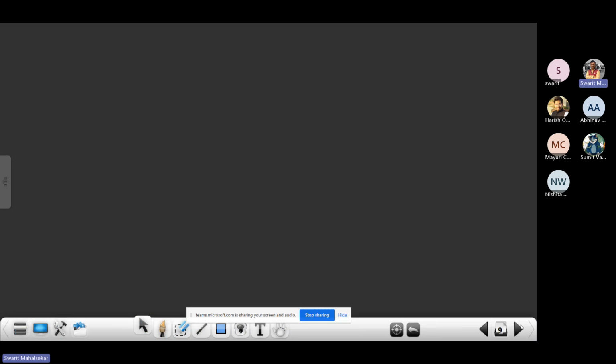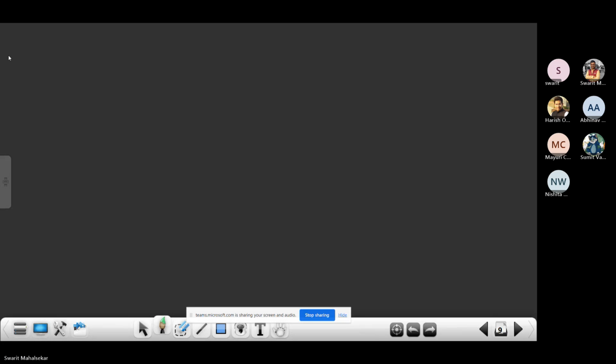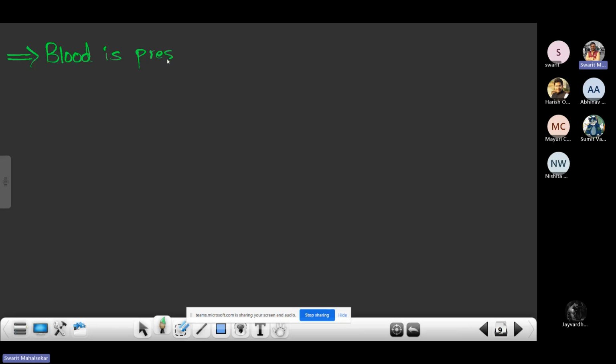Now I'll conclude this entire thing by writing certain points. Let me write the first point: blood is present inside the arteries. Now the second point: what we know is that blood has hemoglobin molecules in it.